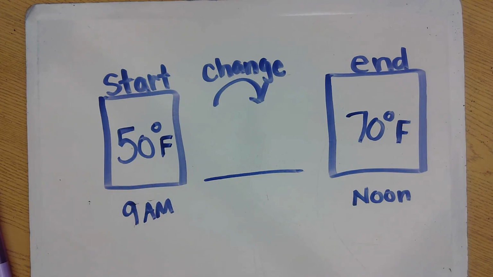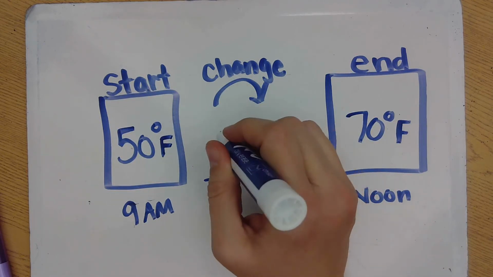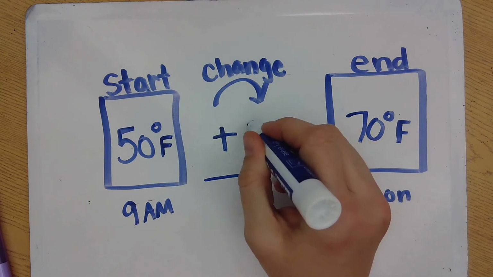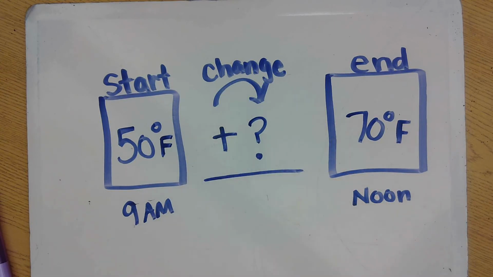So what type of change happened? The temperature went up. So if the temperature goes up, we're going to use a plus sign. So it changed to more. Now all we have to do is find out by how much.